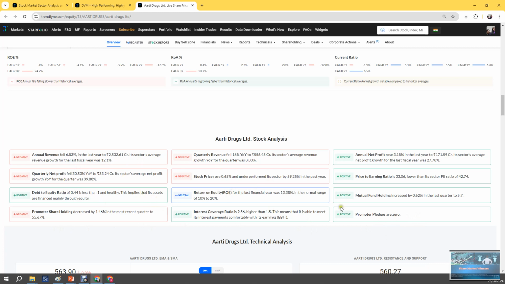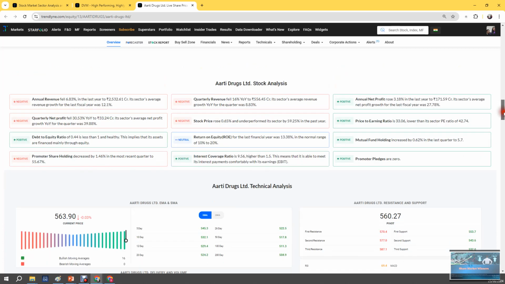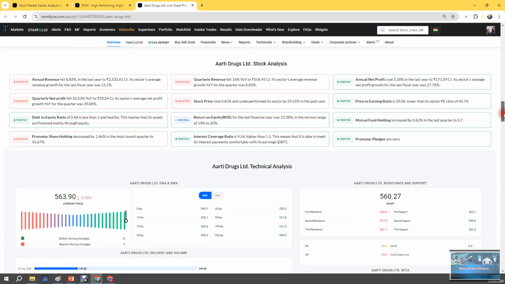All those details will be given in a summarized view, which will help us to actually understand. If we don't know the ratios and if we are not able to understand what each ratio for the fundamentals has to be considered for, then this is a good view for us to understand in a summary view.